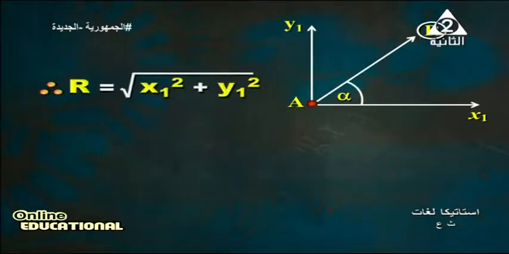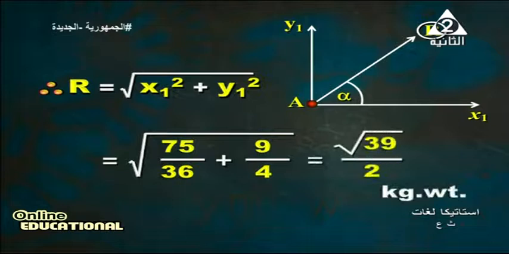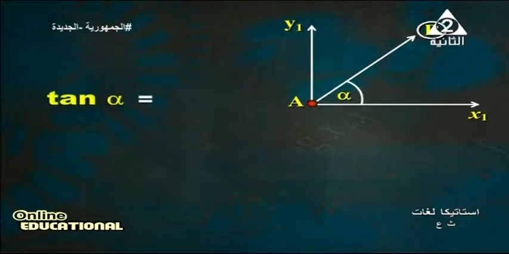Therefore, R, the reaction of the hinge, equals the square root of x1 squared plus y1 squared. By using square root of 75 over 36 plus 9 over 4 equals square root 29 over 2 kilogram weight. This is the value of R, the hinge reaction.